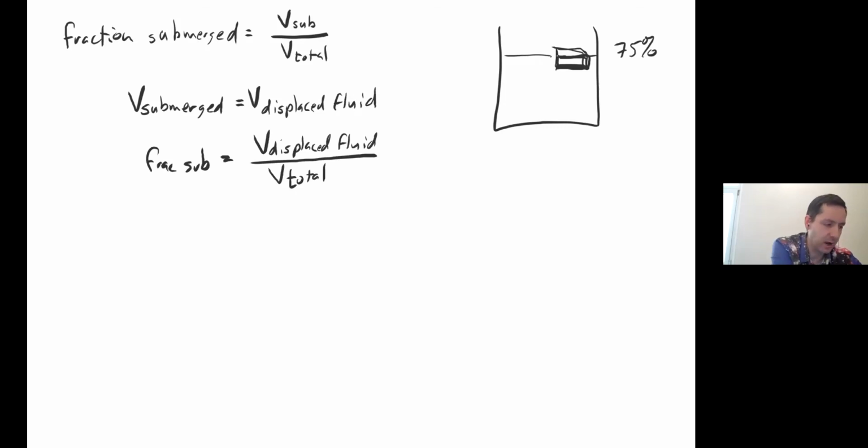Then we can rewrite volume as mass times density. The fraction submerged is equal to the mass of the displaced fluid times the density of the displaced fluid, divided by the total mass of the object and the density of the object itself.